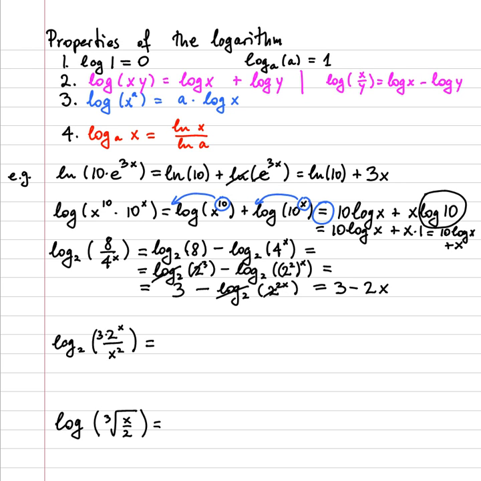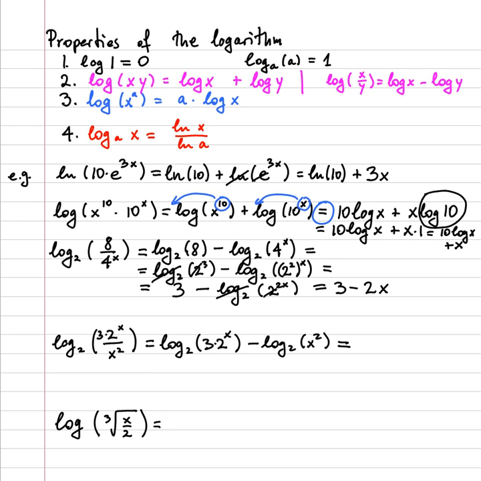For the next one, you have both a division and a multiplication, so this becomes log base 2 of 3 times 2 to the x minus log base 2 of x squared.